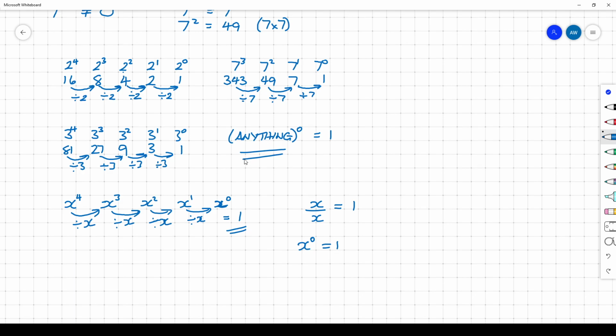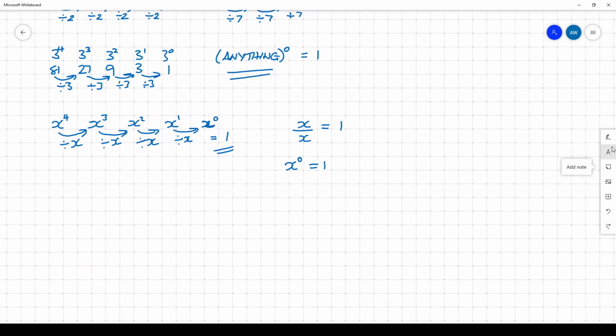No matter what you put inside those brackets, even if you did something like this, let's put loads of letters, let's put a coefficient, let's put 5, x squared, y cubed, z to the power 5, and put all that to the power of 0.